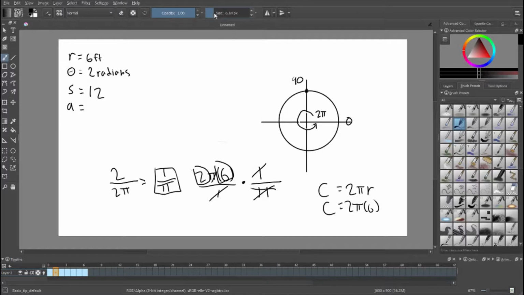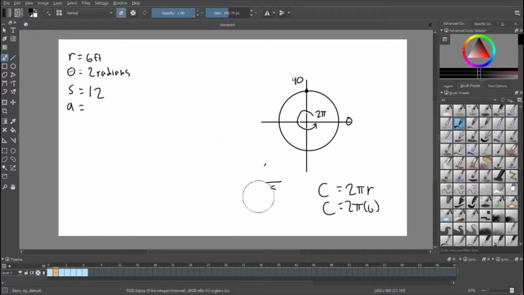Okay, so the way we're going to tackle the area is a bit different. Again, we know that the ratio is 1 over pi, and we need to find the area.